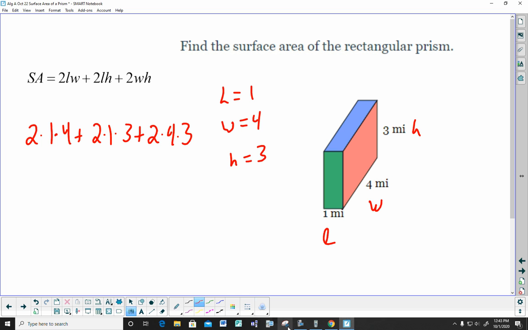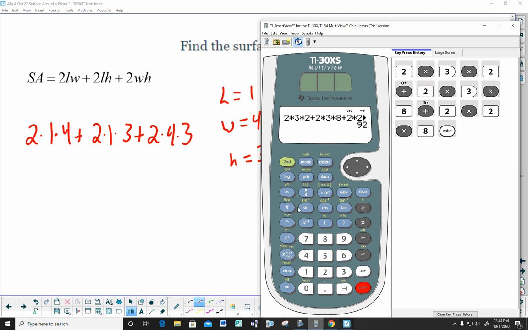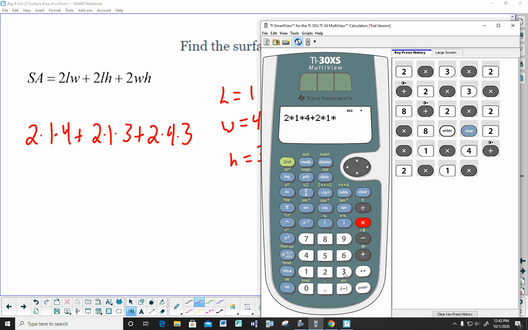And again, you just take your calculator and you just type it in as you see it. So that's 2 times 1 times 4, plus 2 times 1 times 3, plus 2 times 4 times 3.